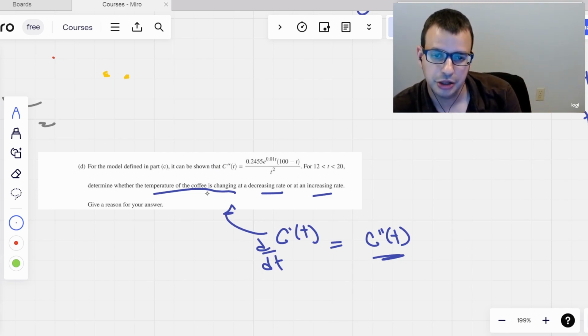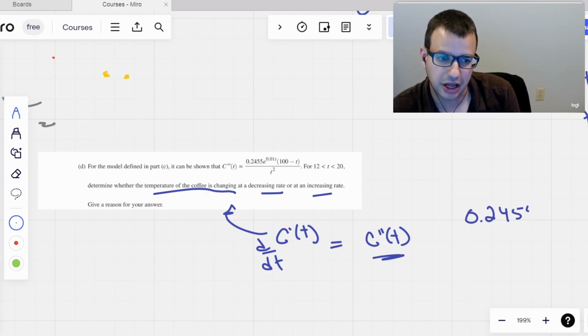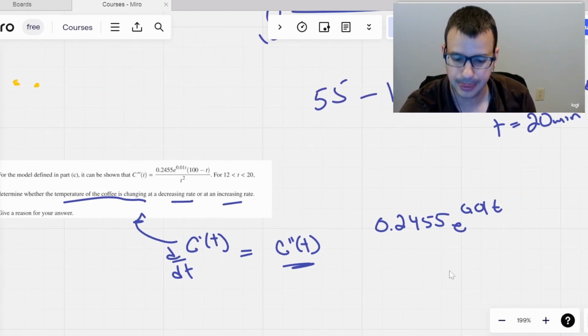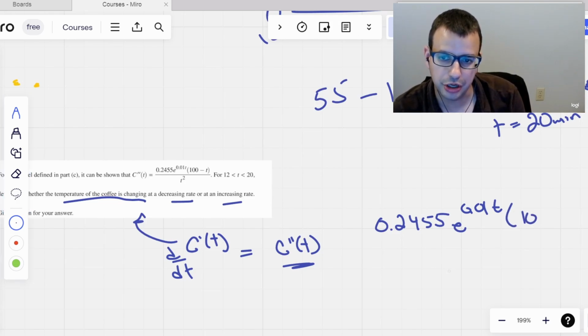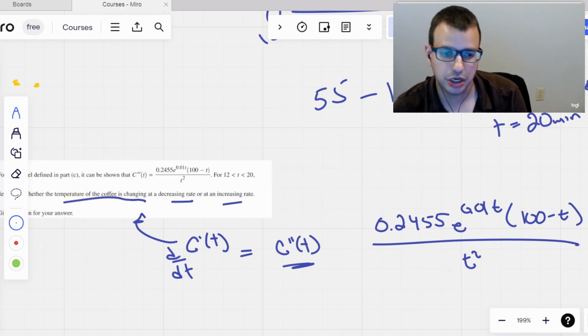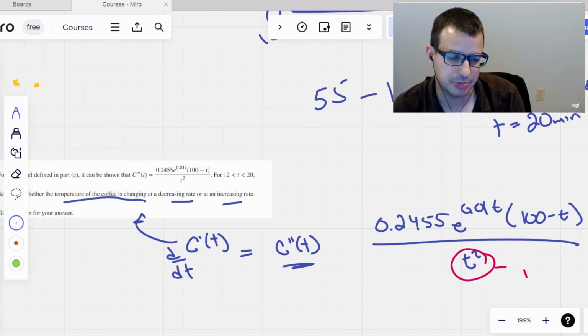increasing rate. So what we're going to do is we're going to take this 0.2455 e to the 0.01t times (100 minus t) all over t squared. So we know that this is positive because it's squared.